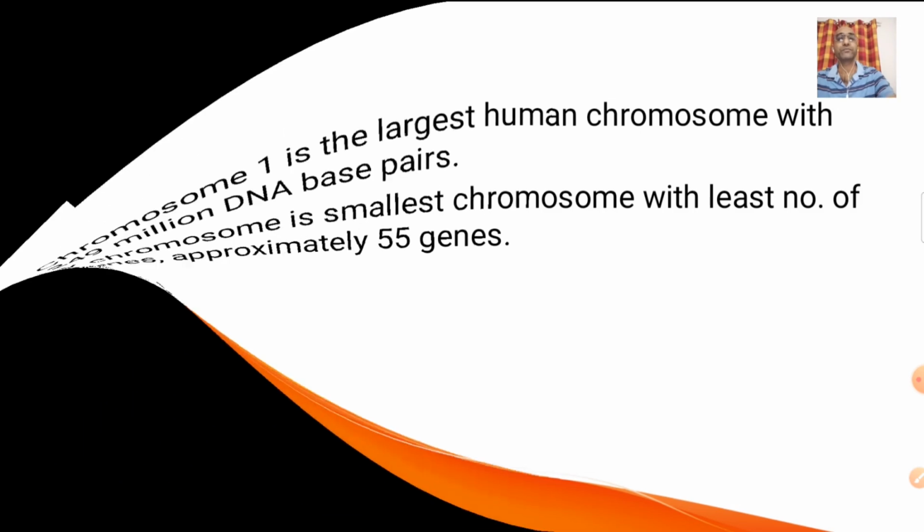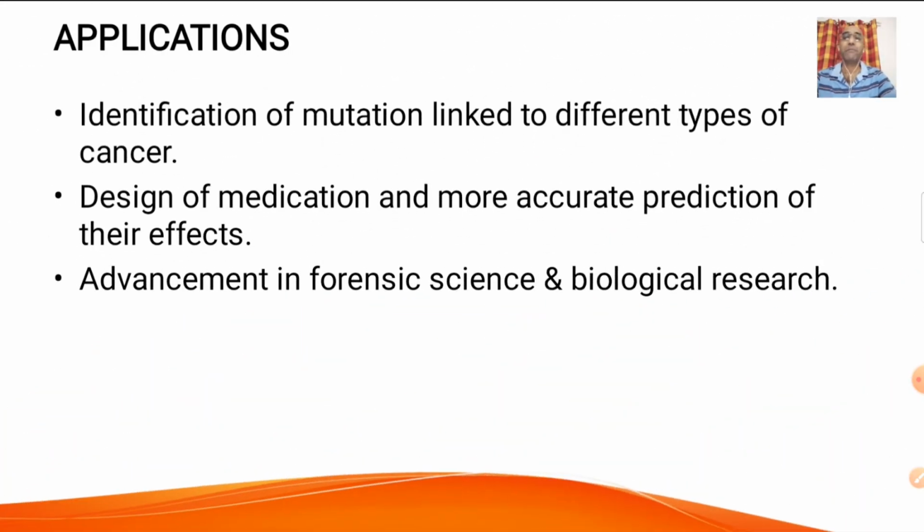So what are the applications of this Human Genome Project? First is identification of mutations which are linked to different types of cancer. Second, design of medication and more accurate prediction of their effects.